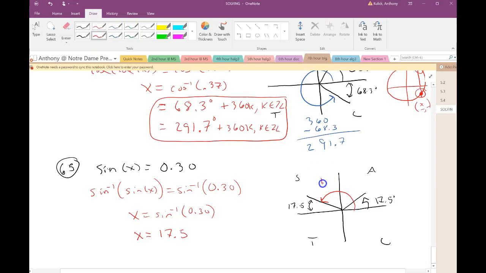So this angle is going to be 180 minus 17.5. So my other answer is 162.5. So those are my answers between 0 and 360. To extend that to all solutions, I just tack on a plus 360k.